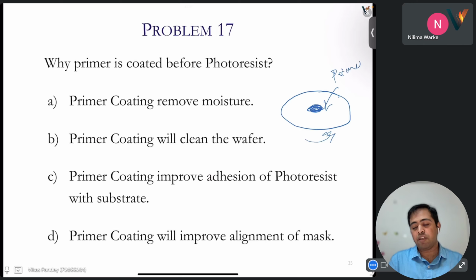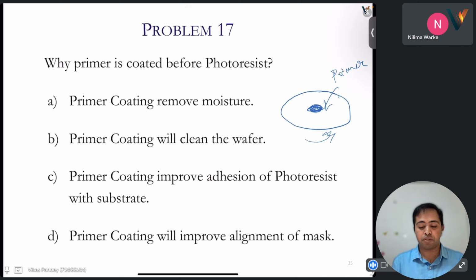A very thin layer of primer is put, then it is dried, and then photoresist is put over it.